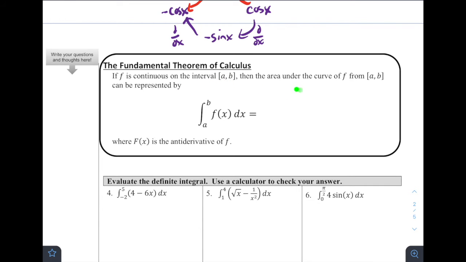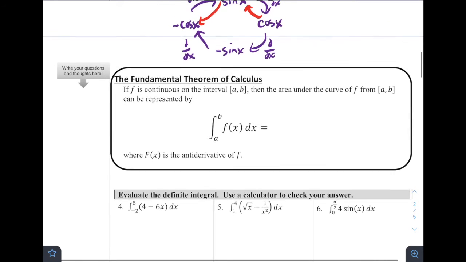then the area under the curve of f from a to b can be represented by this. We know from earlier this year that this integral symbol represents that area under the curve of f between f and the x-axis. But we can actually do this with antiderivatives, and here's what it says.